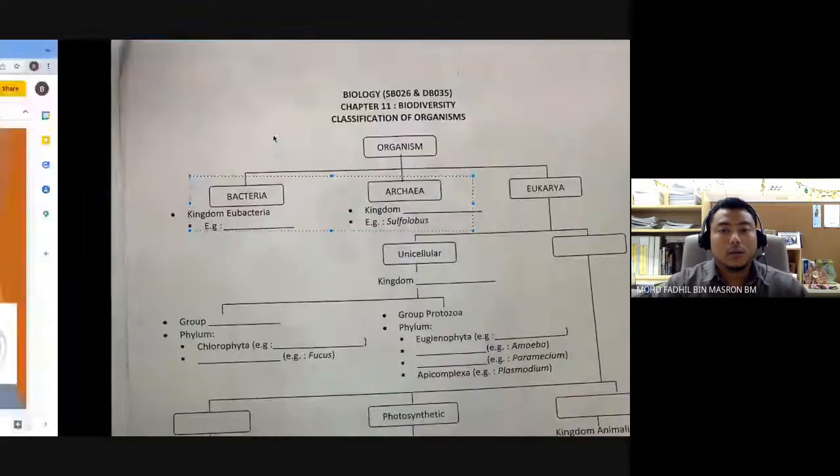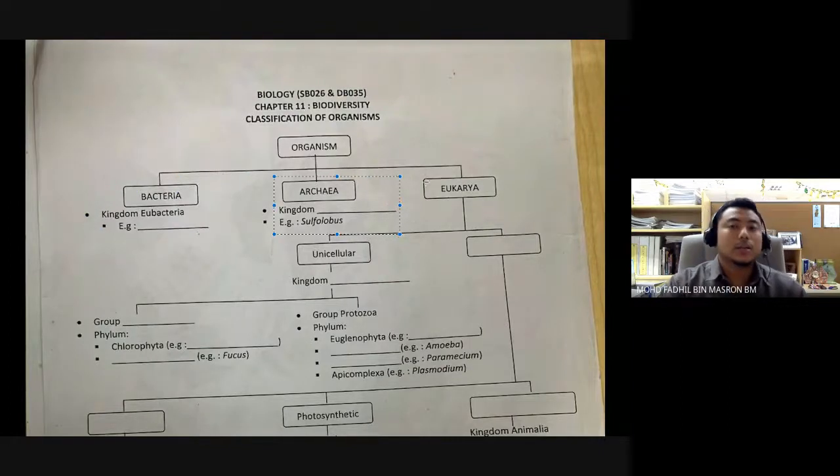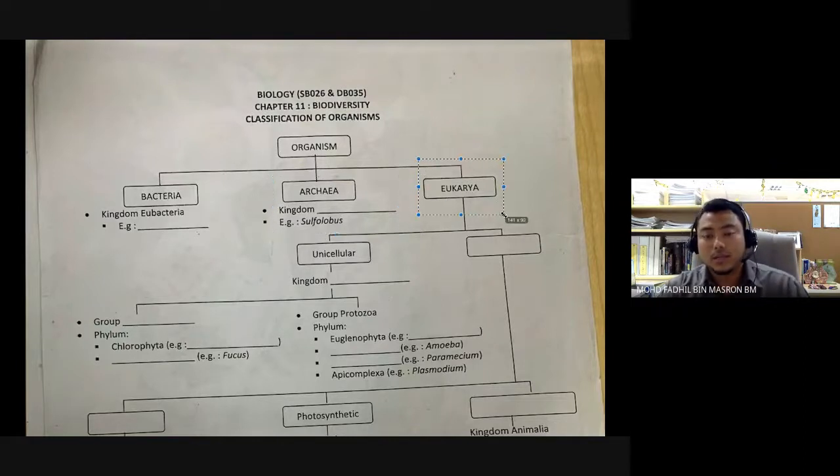So, if we pick up here, we've just discussed bacteria. Archaea ni kita tak bincang banyak sangat. Okay, so now what I'm going to discuss with you on our next slide is domain Eukarya.